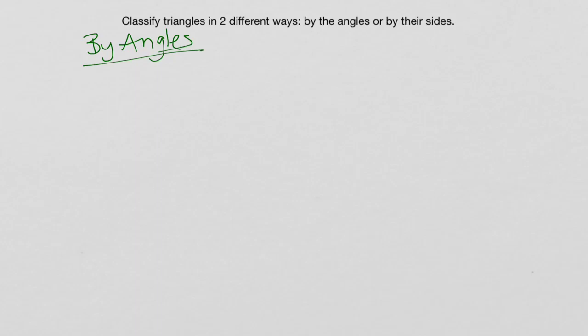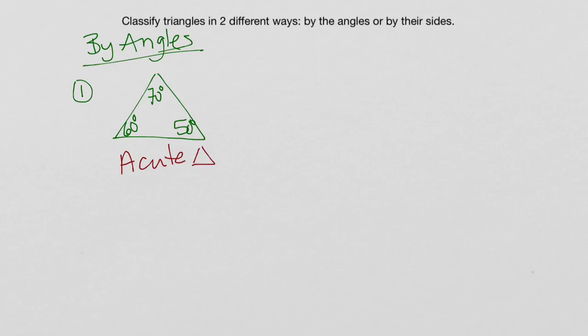So if I were to draw a triangle, let's say I were to give them these measures, 60 degrees, 70 degrees, and 50 degrees. Okay, that's actually called an acute triangle. We talked about acute angles because all the angles are acute, meaning between 0 and 90.